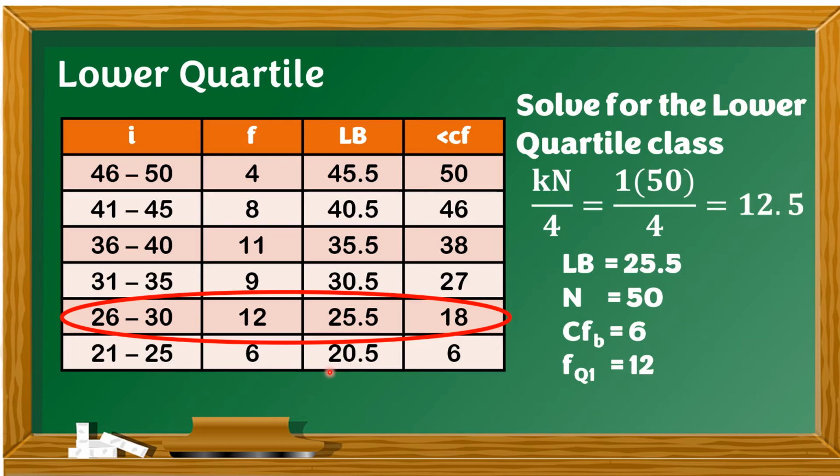The frequency of the lower quartile class is 12. And the interval of the given data is 5: 26, 27, 28, 29, 30. Therefore the interval is 5.